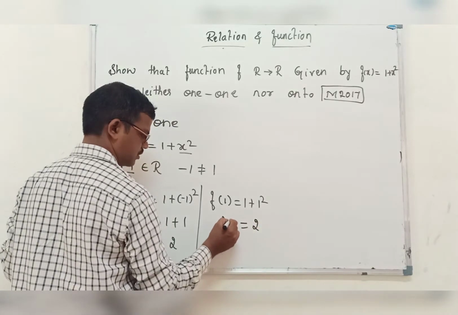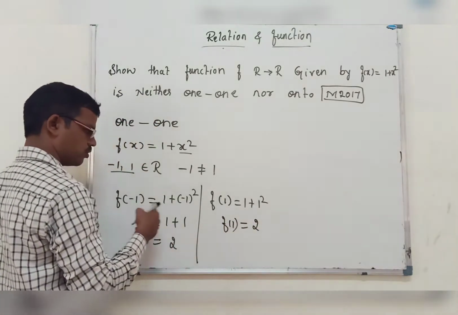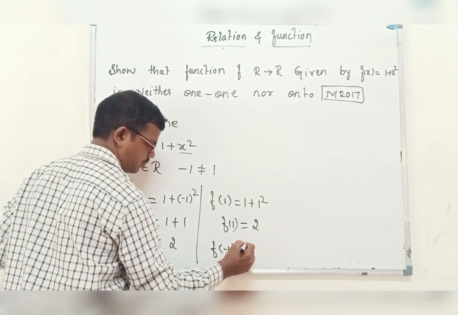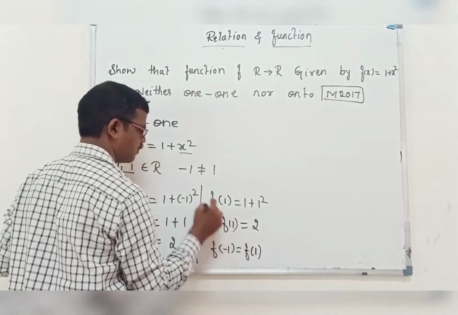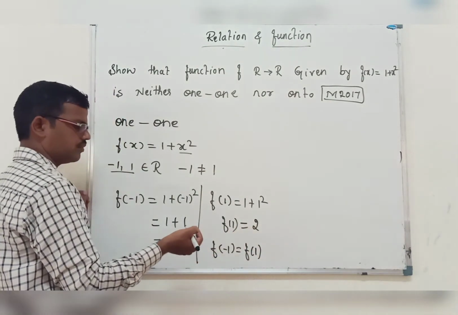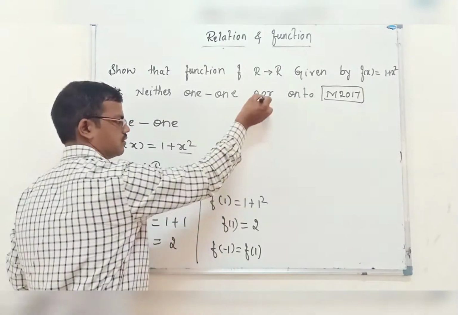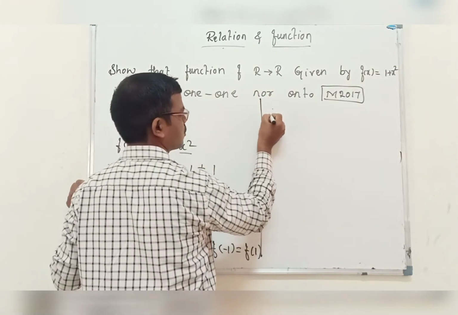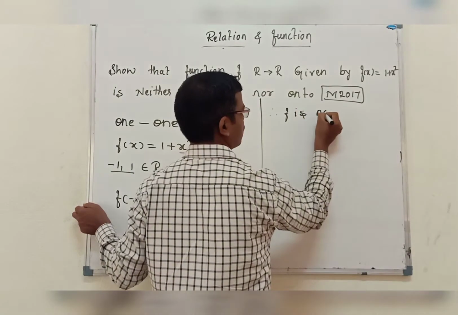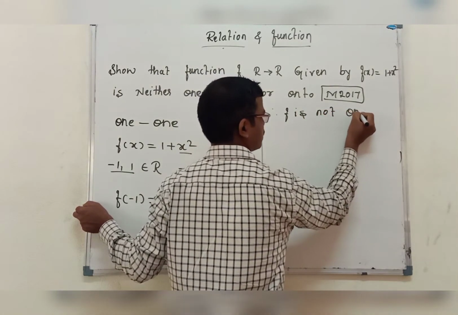So both are equal: f(-1) = f(1). So different elements got the same image, which means the function is not a one-one function. Therefore f is not one-one.